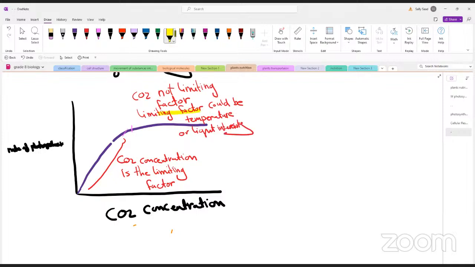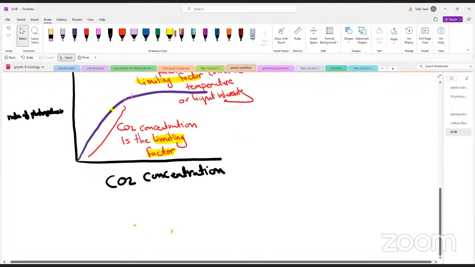And you have to use the words limiting factor in your explanation of this graph, because they will ask you, in terms of limiting factor, to explain this graph. So you will look for the limiting factor for the rate of photosynthesis at each part of the graph. You got my point? Okay.